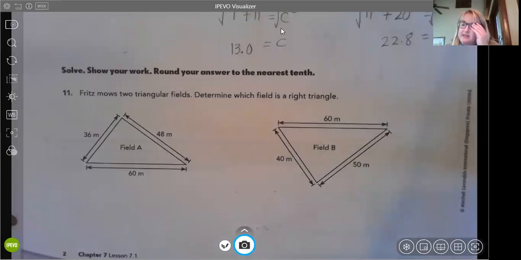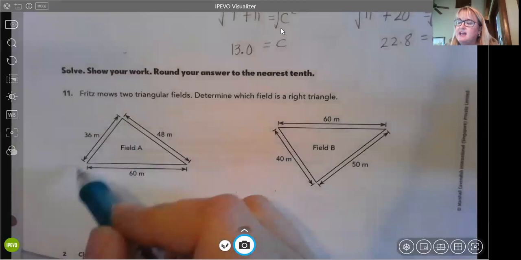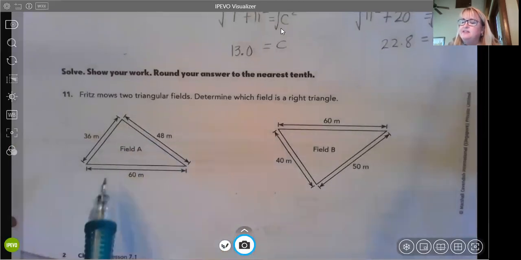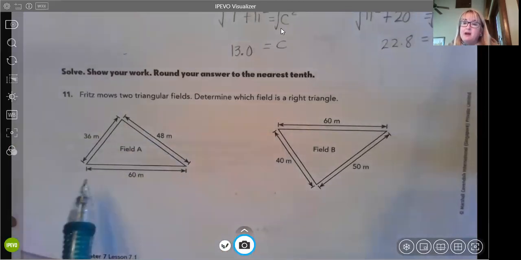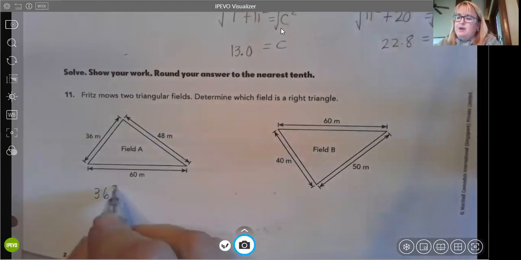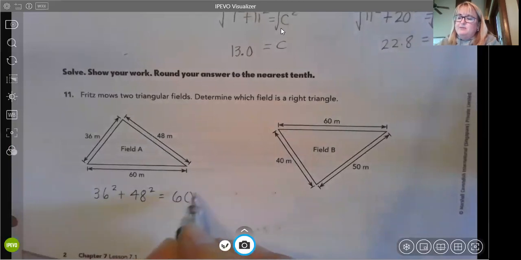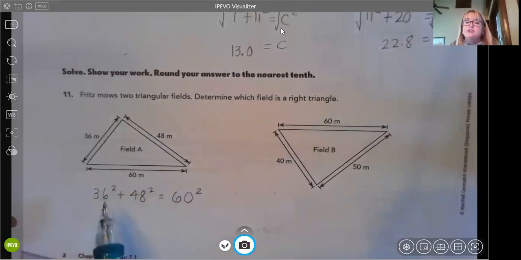All right, looking at this, this is a leg, this is a leg, and then this is the longest side, so that would be the hypotenuse. So we are going to put 36 squared plus 48 squared equals 60 squared. Then you just use your calculator and figure out if this is equal.